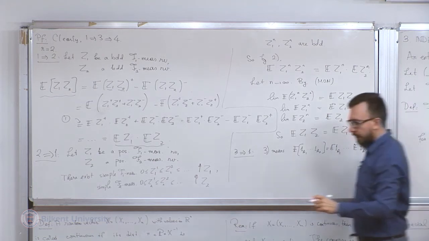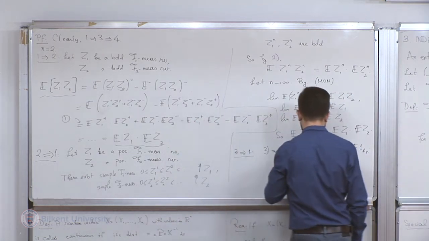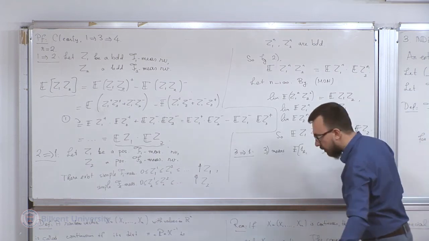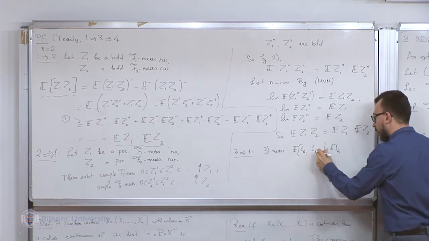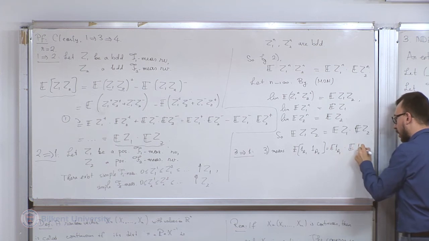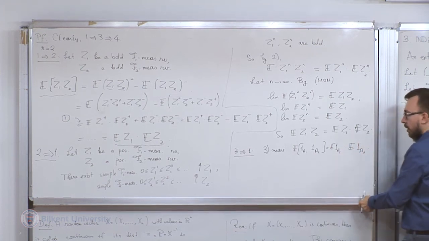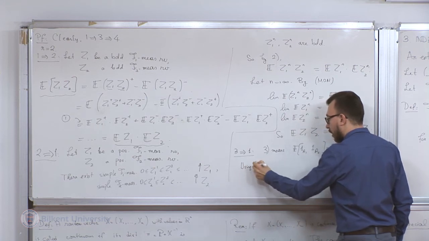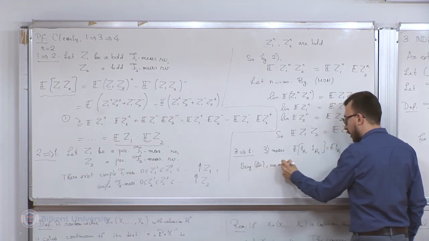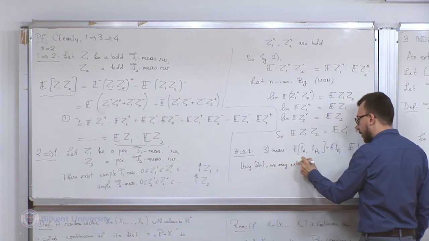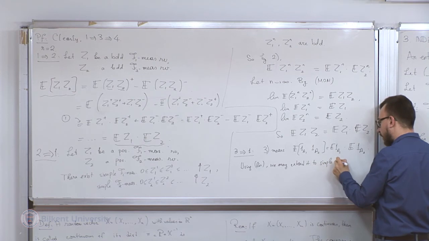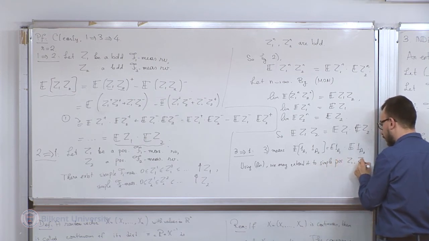Well, I was going to do it for n equals 2. Let me not confuse you. Let me just write it for two things. So using linearity, we may extend it to simple positive functions, simple positive Z1, Z2.